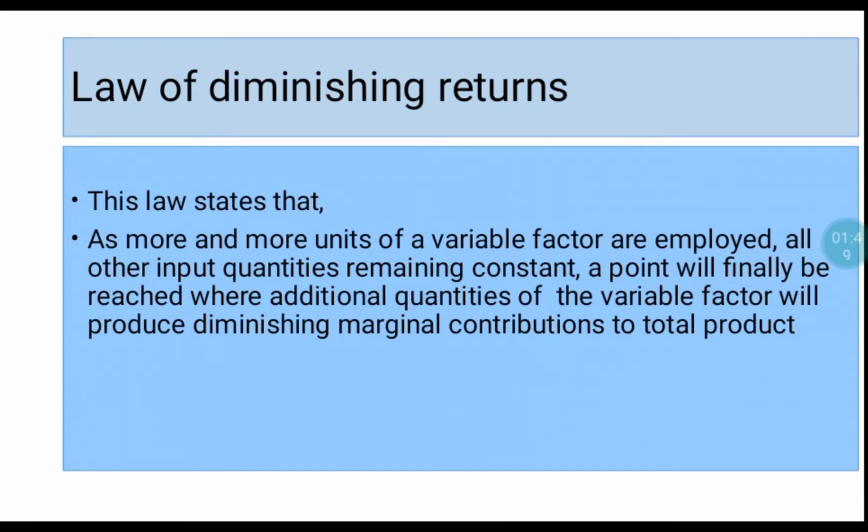As you are adding more and more of the variable factor in order to increase production, while you're holding these other factors constant, that is the fixed factors, there comes a point where even when you're adding additional quantities of the variable factor, it so happens that you have what are referred to as diminishing marginal contributions to total product. So that is when this law is said to come into play.